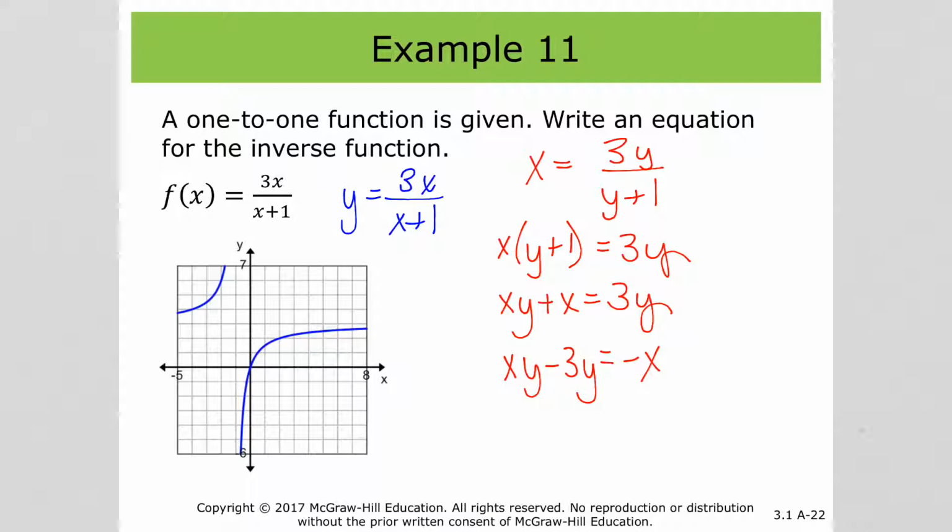So that's going to give me xy minus 3y equals negative x. Then I can factor out our y, and that will give me, did I do that right? Yeah. That will allow me to solve for y. So we have y equals negative x over x minus 3.